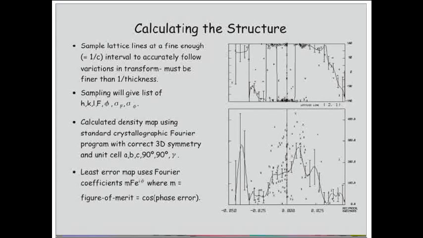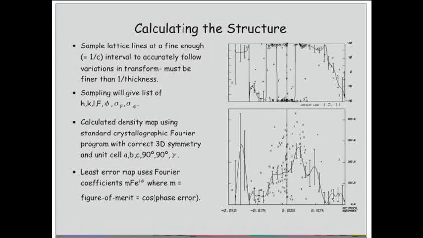You want to make sure that those sample points are fine enough that you can follow all the variations in amplitude and phase. The thicker your sample, the more these curves are going to oscillate up and down. And you want to sample finely enough that you can adequately sample those variations in amplitude and phase.